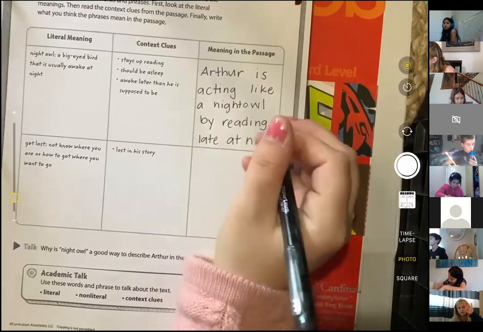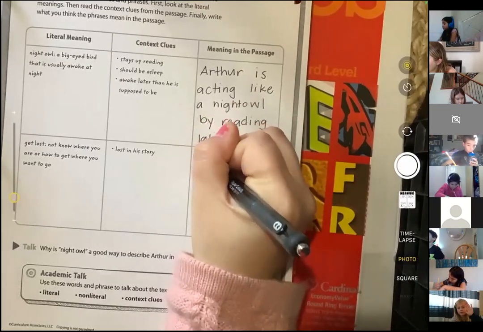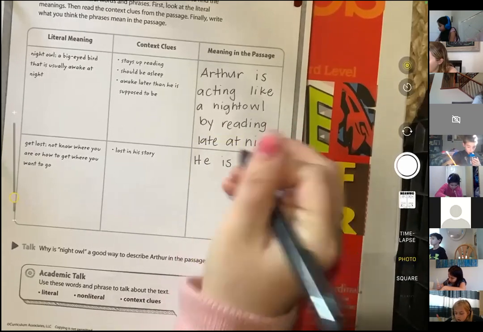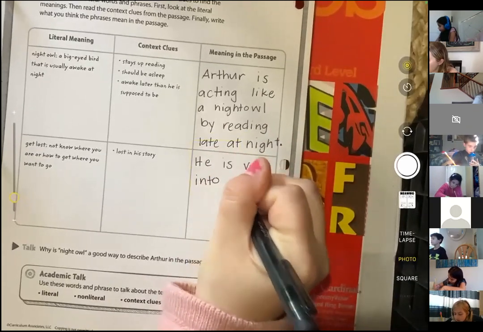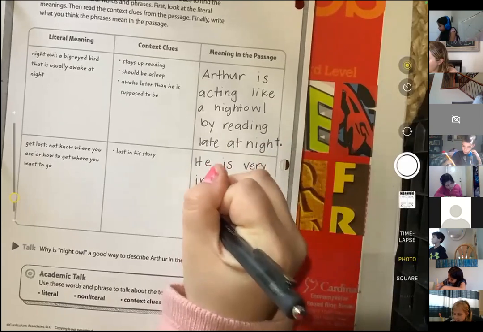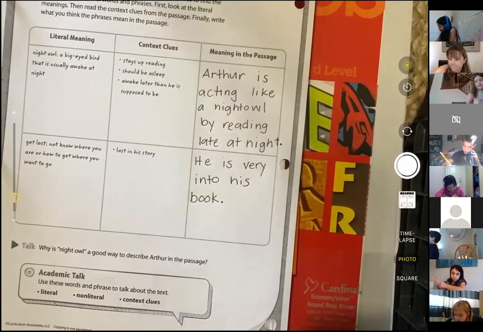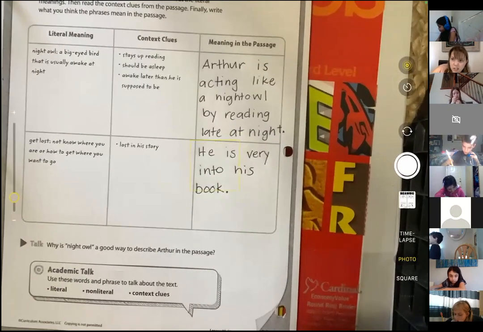So we'll say he is very into his book. Okay. Not physically lost, but almost like mentally lost in what he's reading.